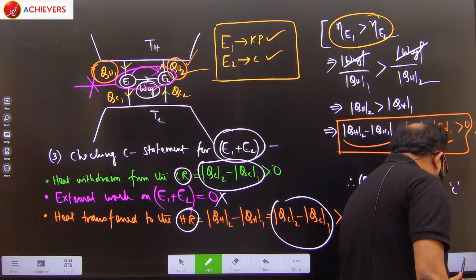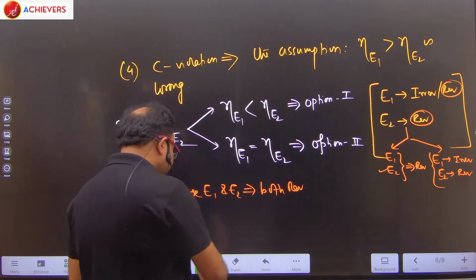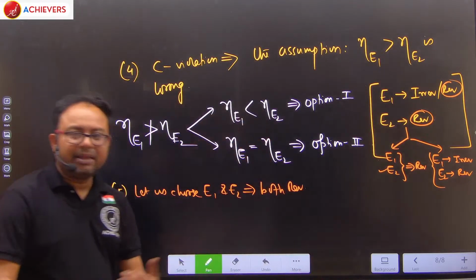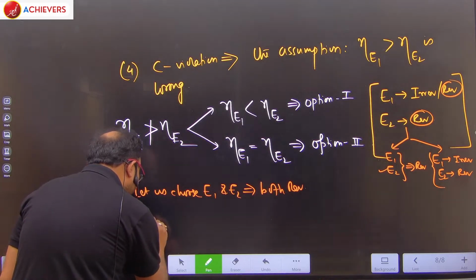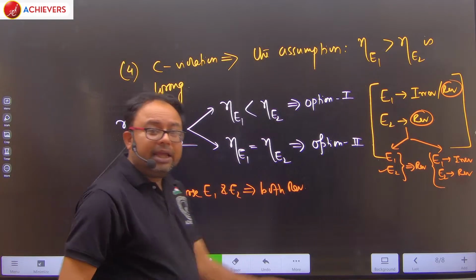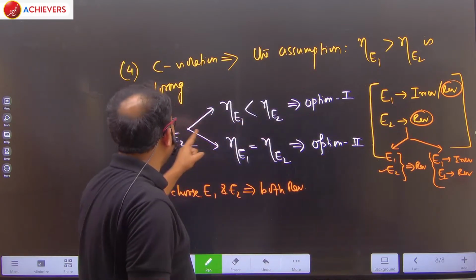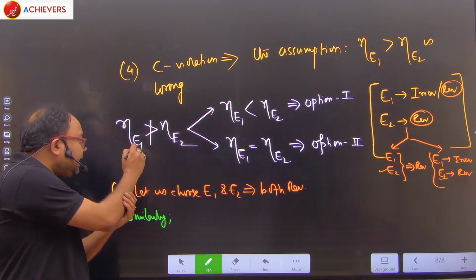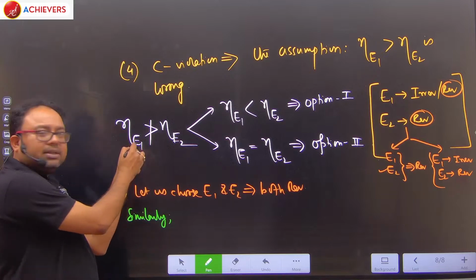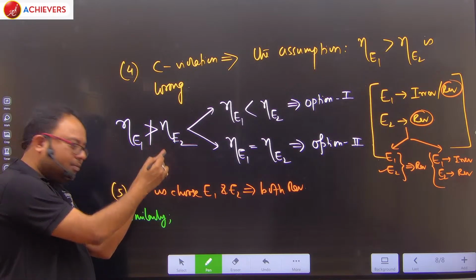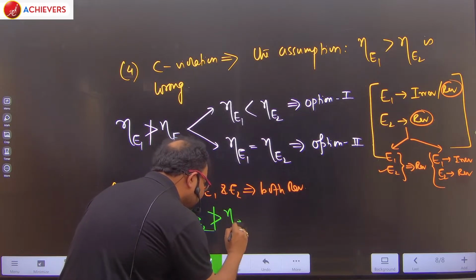So similarly, if we follow the same method of calculation and replace E1 by E2 and E2 by E1, then we can also show that eta E2 is not greater than eta E1.